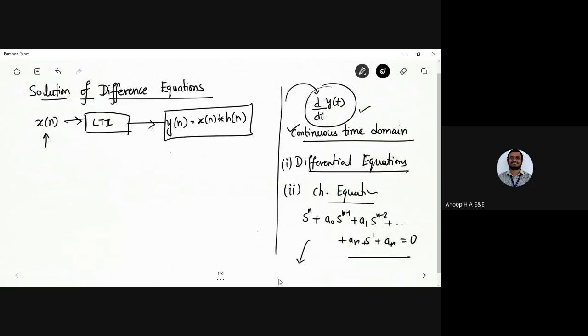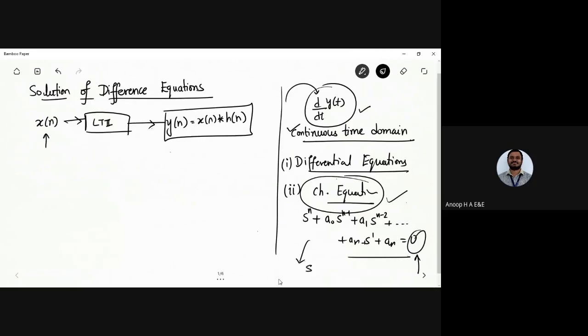The roots of the characteristic equation lead to the natural response of the system. Why I have written it here as 0 is that, in the absence of the input, we were finding the roots of the characteristic equation. So we were forming the characteristic equation earlier, and then coming to its solution.